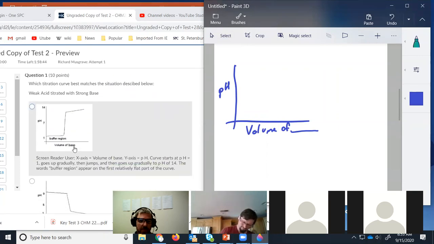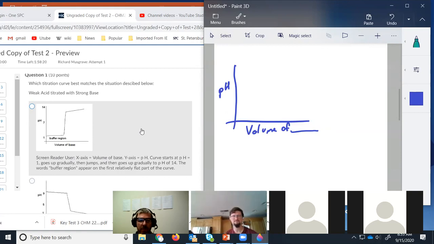Any ideas? No, but I mean, what goes on the x-axis? What are we adding? Are we adding the strong base or the weak acid? Well, what's in the flask and what's in the burette?